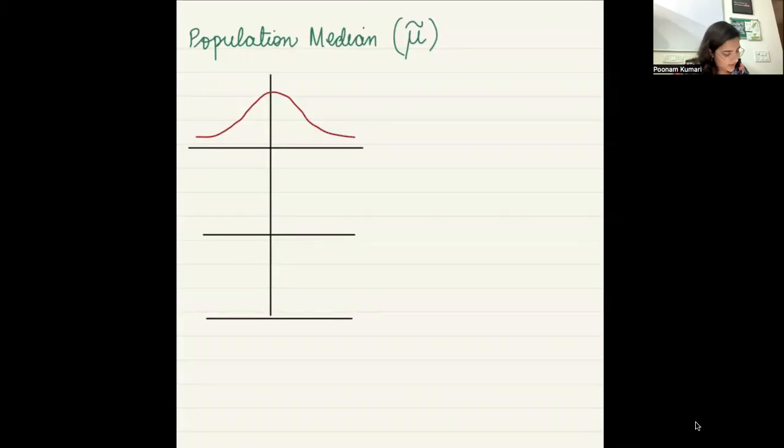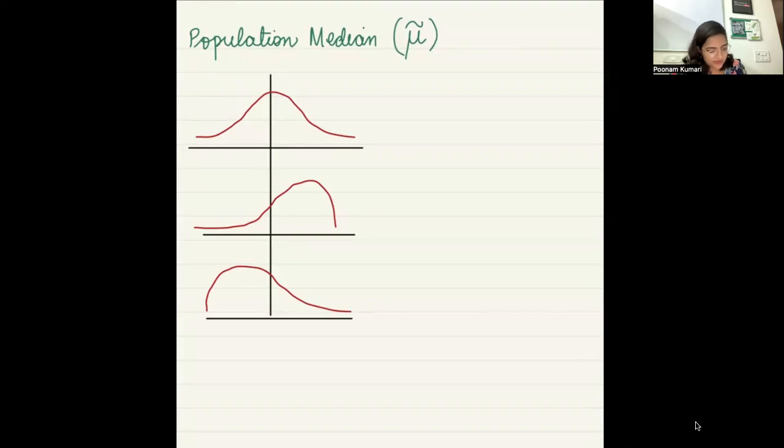Okay, and let's say I have a data which looks like this. And let's say I have a data which looks like this. Okay, so first of all, can you tell me which is symmetric, which is positively skewed, which is negatively skewed?